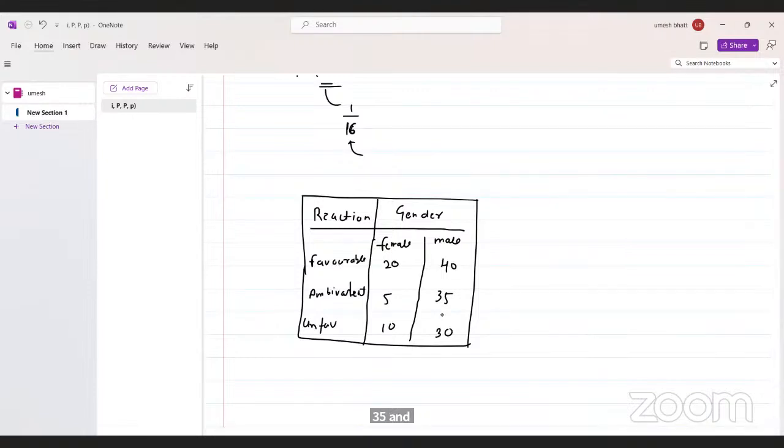Now let's create the column frequency table. What does that represent? Column frequency table, relative frequency table.